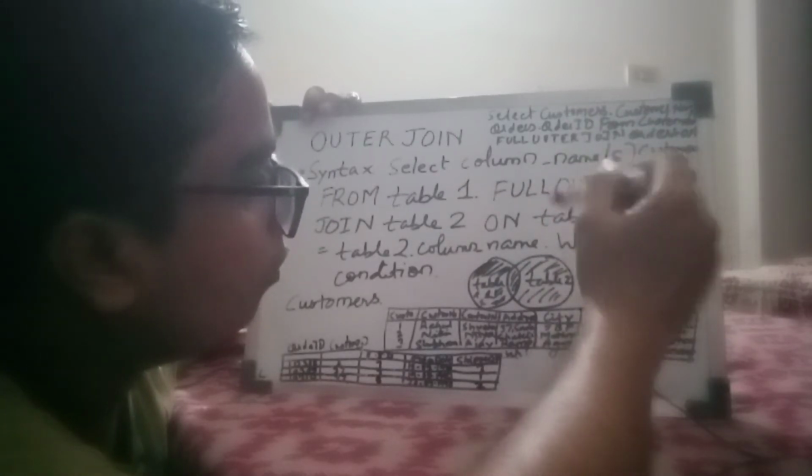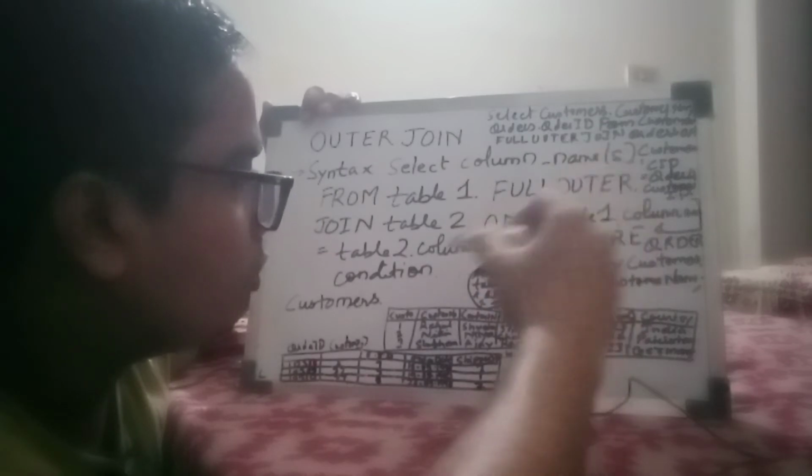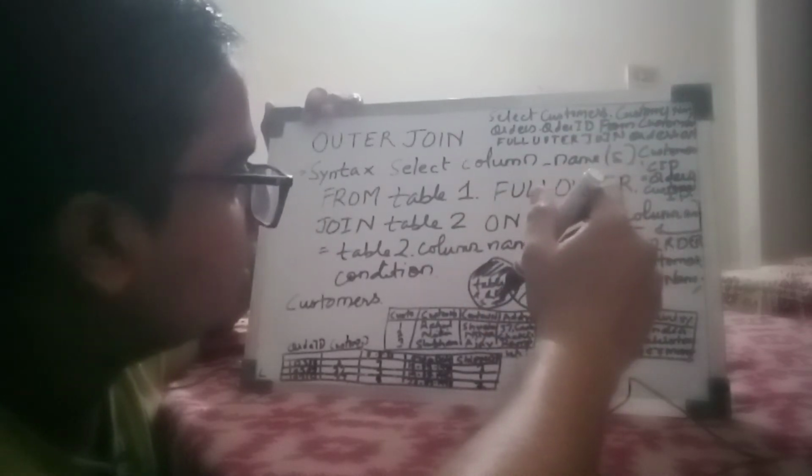So the output of this full outer join on these two tables would come as this.